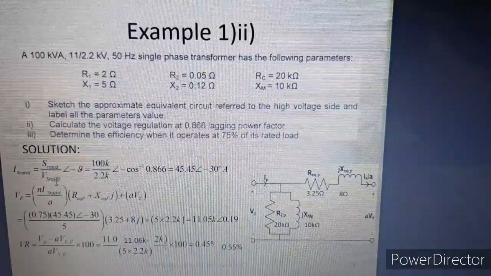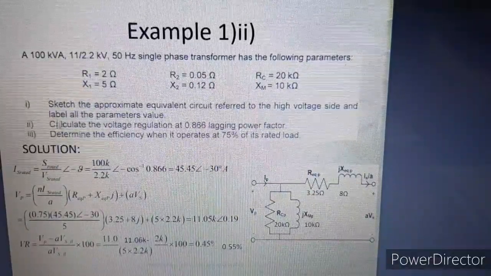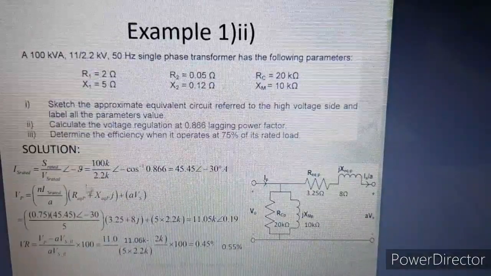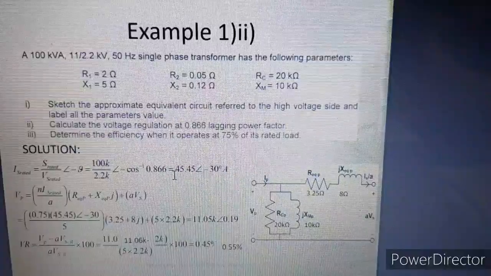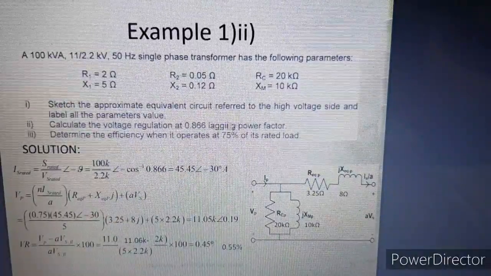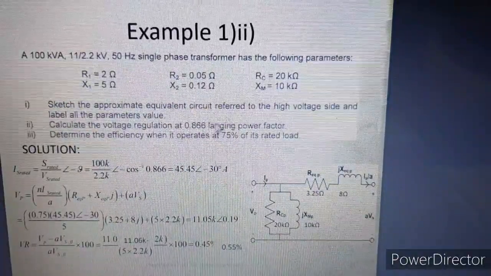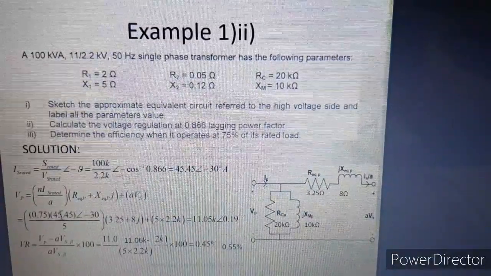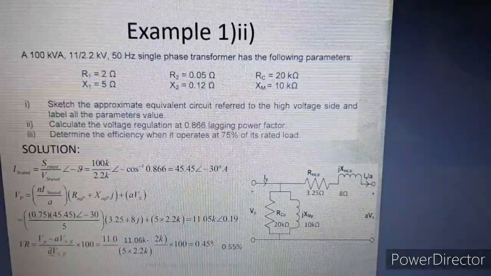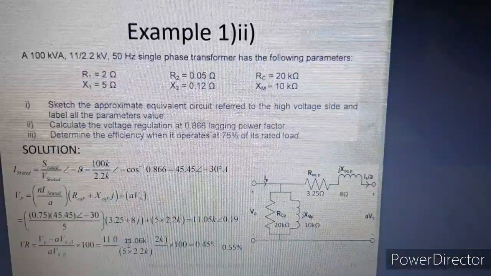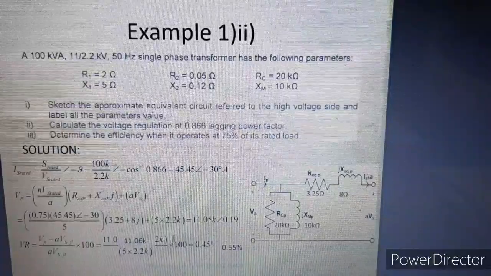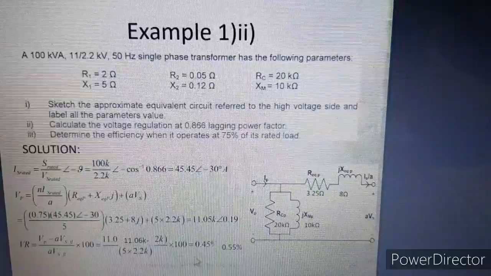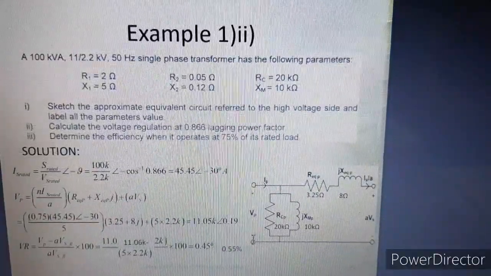Before that, to find IS rated, equal to S rated from the question, 100 kVA divided by VS rated 2.2K, at an angle of minus, because lagging, cos inverse of the power factor given as 0.88, so that is your IS. Just substitute into this KVL equation, and then lastly substitute into the VR equation: 11.05 minus 5 times 2.2K, divided by 5 times 2.2K, times 100. So your VR is 0.45%.